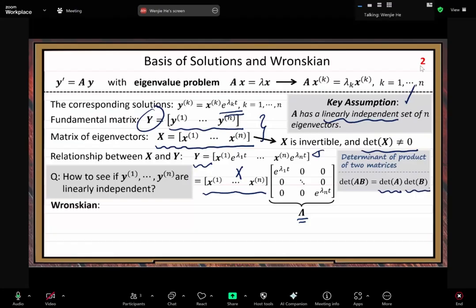So with that, you can see the Wronskian. We can calculate the Wronskian.